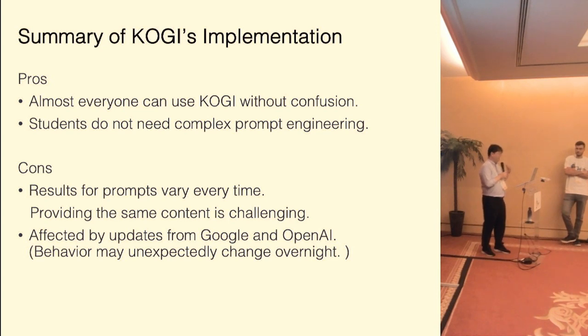Also, the classroom is very affected by updates from Google or OpenAI. The behavior may change unexpectedly overnight. In the morning, I want to use KOGI, but sometimes KOGI is not working. So the classroom is a little bit unscheduled.